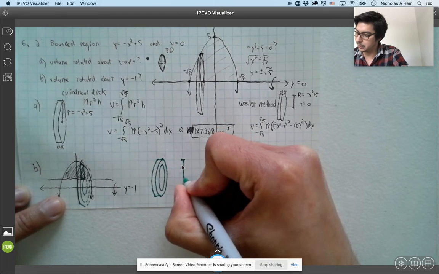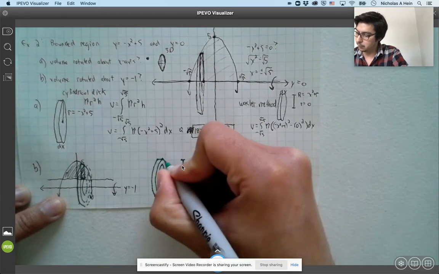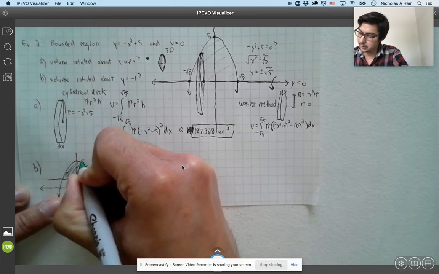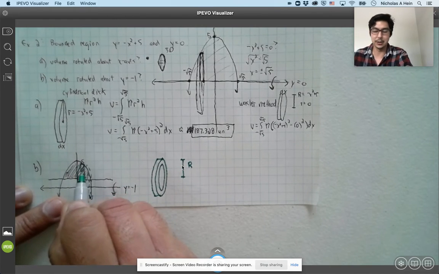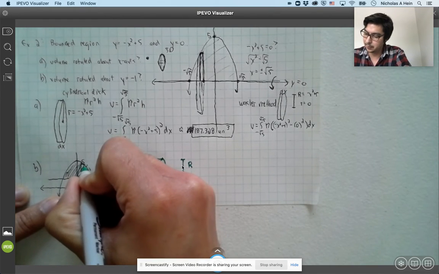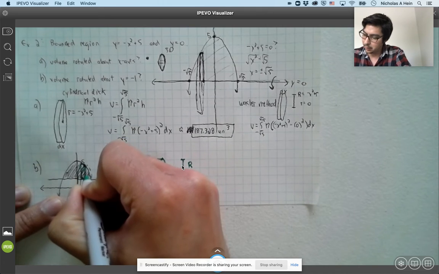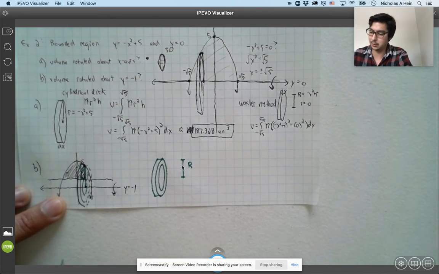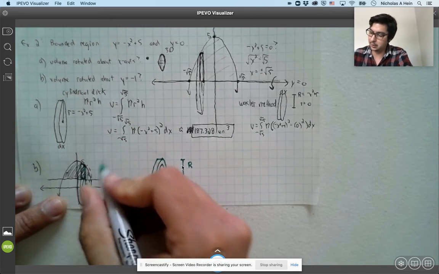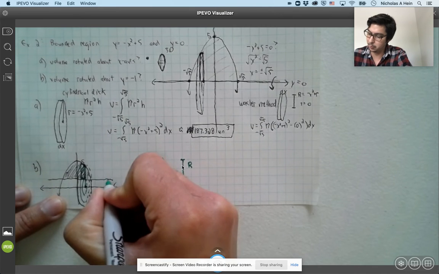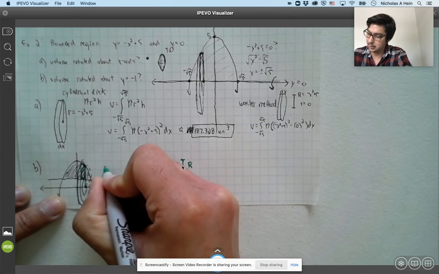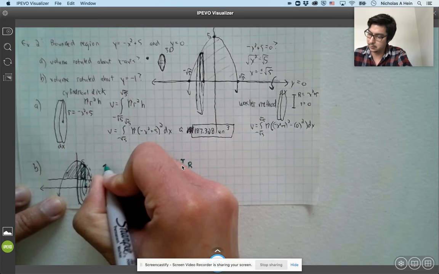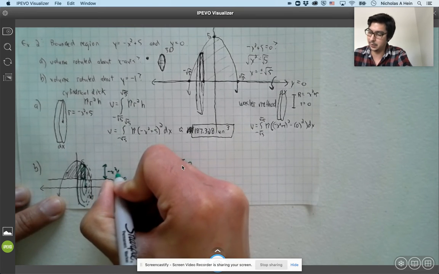So our outer radius, well, let's see, notice that in the past it's usually just a function, but now in this case, what's the radius from the outside all the way down to the middle of this washer? Well, notice that the distance from the curve to y equals 0, the distance from here to here is your function negative x squared plus 5.